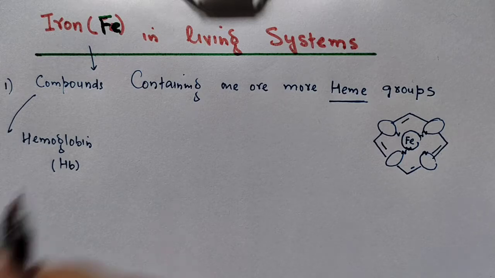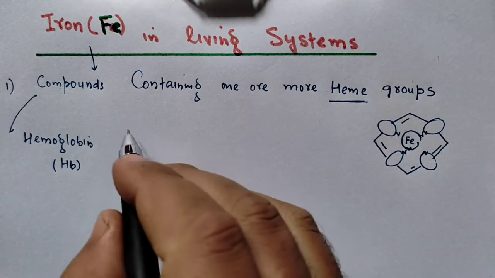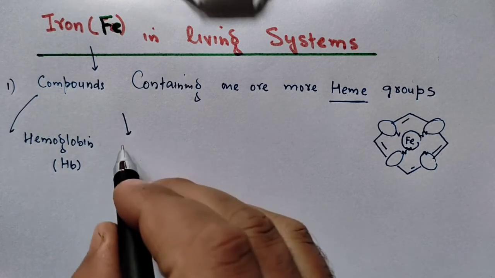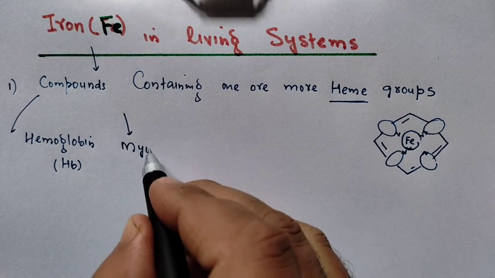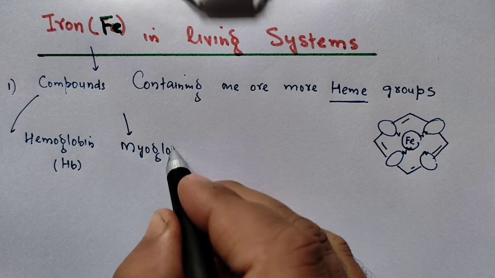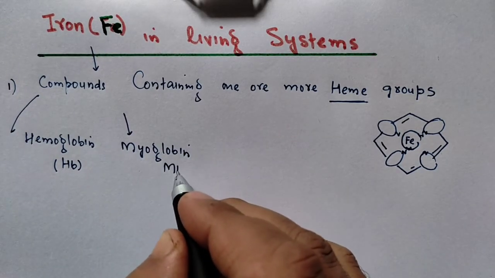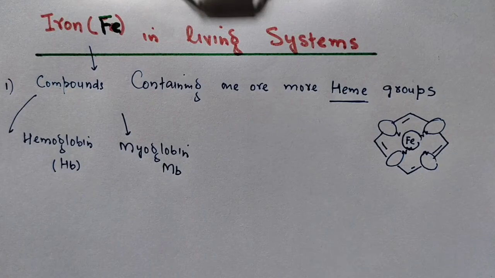Then we have another heme protein, myoglobin, which you can write as MB. This also contains the heme group and iron at the center.